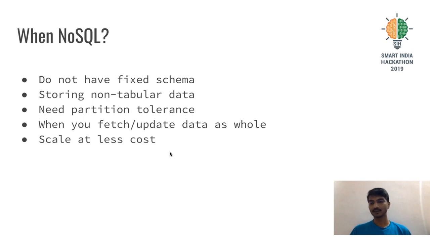And then when I don't store tabular formatted data, for example I just want to store graph data, or some raw documents that I want to index and then use. Then it's better to go with NoSQL databases than other formats like RDBMS. And when I need partition tolerance, as in the CAP theorem, it's only available in NoSQL based databases.